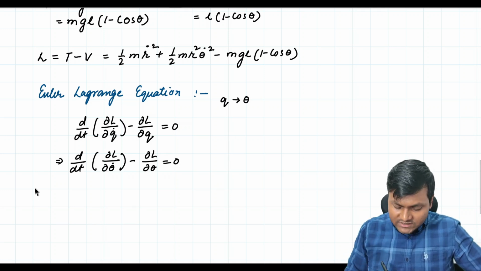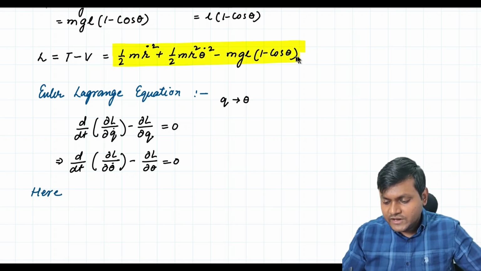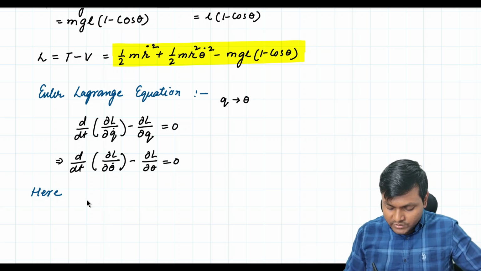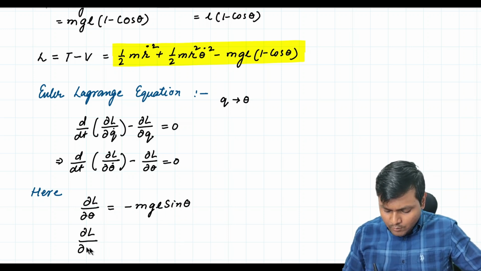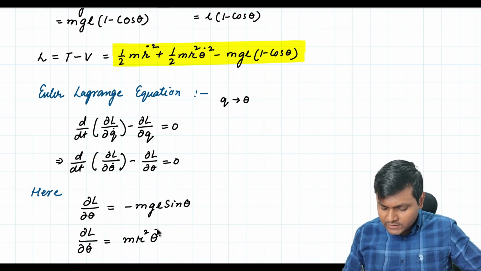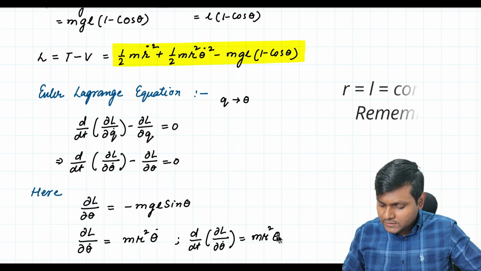So here, as you can see, if you look at the Lagrangian, I can find out the various derivatives of the Lagrangian with respect to the various quantities. So here, del L upon del theta is simply nothing but minus mgL sine theta. Del L upon del theta dot is equal to m r square theta dot, and therefore d upon dt of del L upon del theta dot is equal to m r square theta double dot.